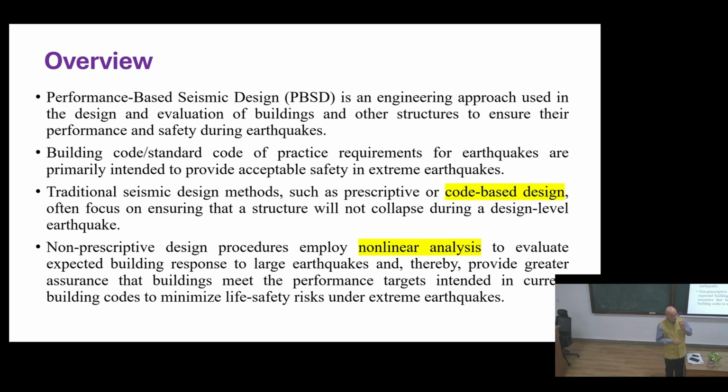But the only structures which should function in all eventualities, whatever the ground motion expected, one of them is the nuclear reactors. A nuclear reactor should not, in any eventuality, fail, because the catastrophic effect is very large. The after effect is very large.